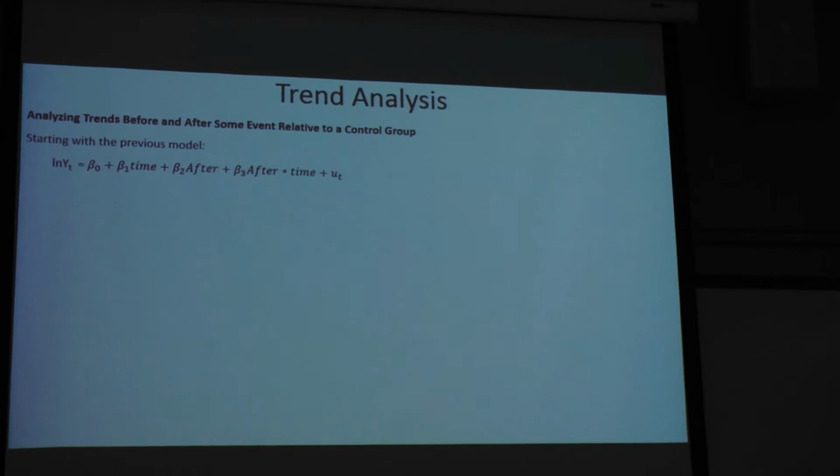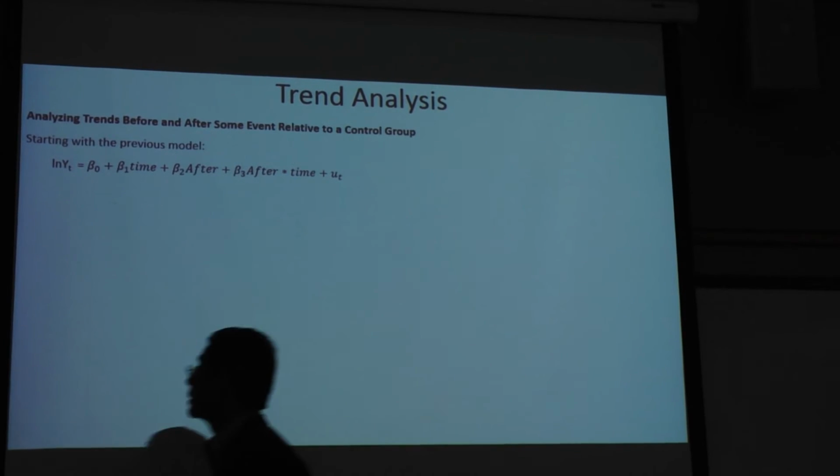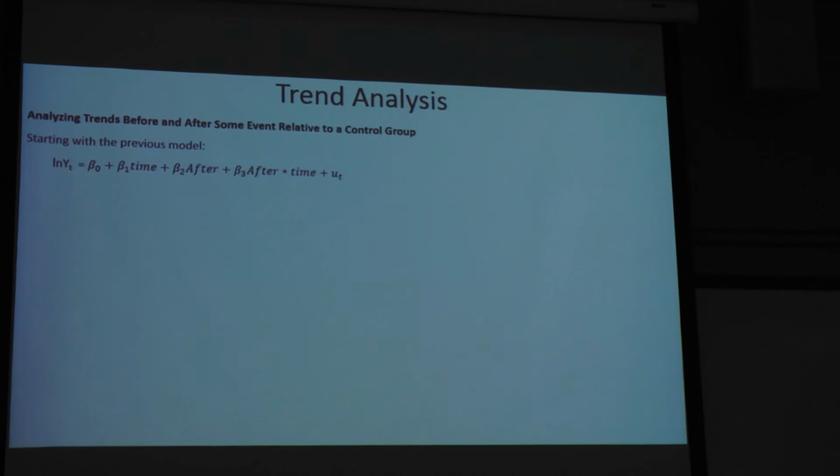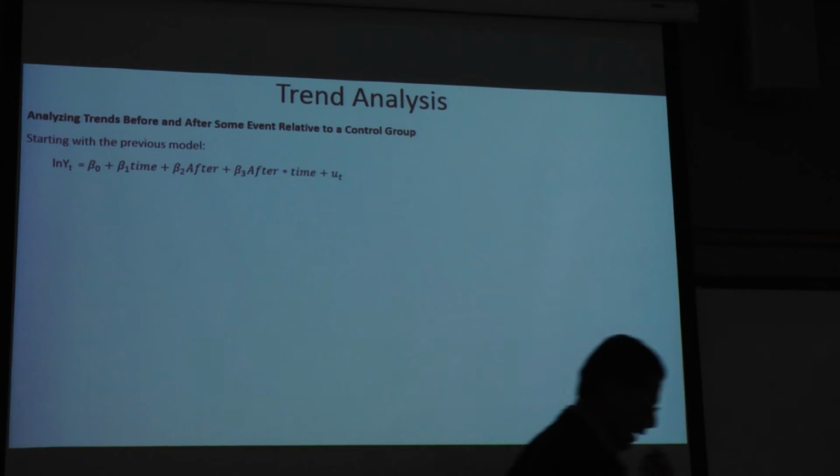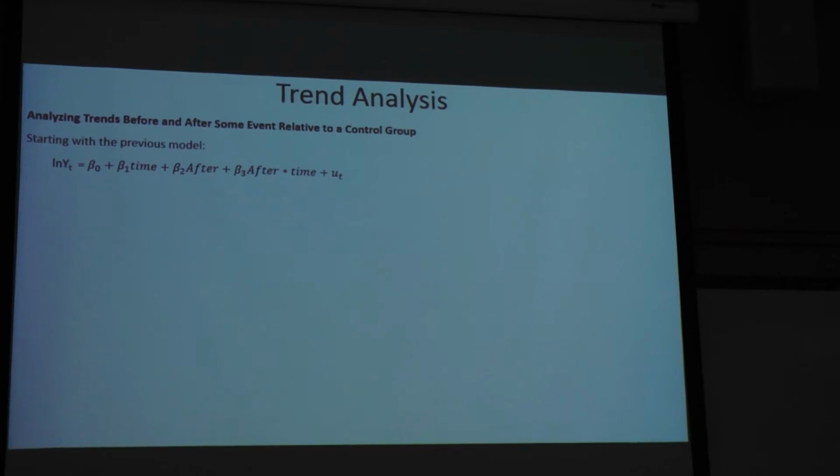So we're going to start with that previous model. Here's our before and after. So here's the model we just finished, having a homework on. We're pretty comfortable with this one. Now we're going to add the elements of the treatment and control group. But we know it's already going to be almost the same. We're going to have a dummy variable and an interaction. So we just need to see how exactly to put that.